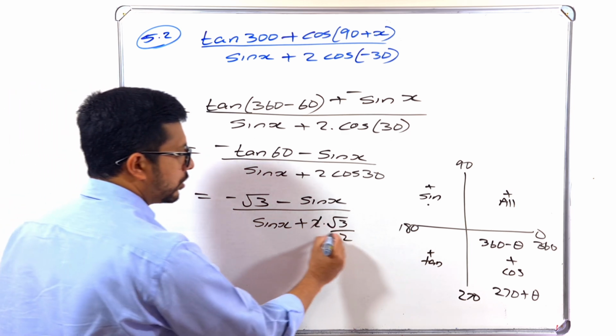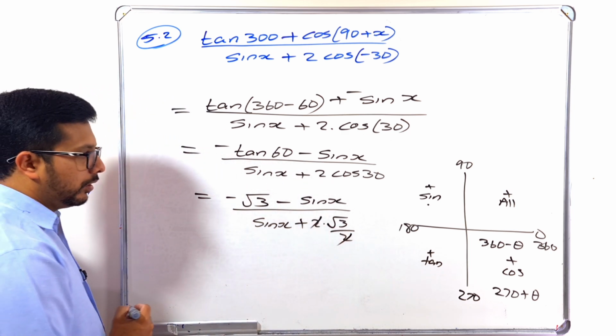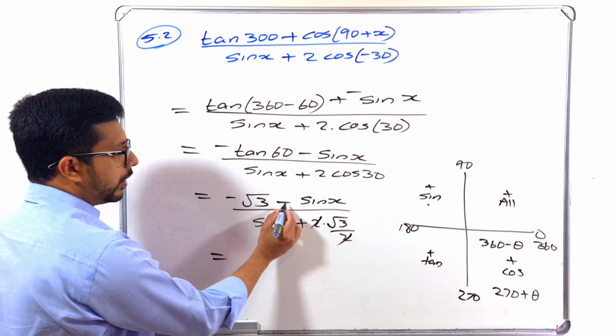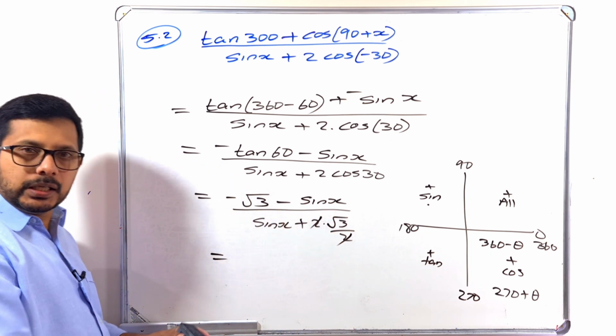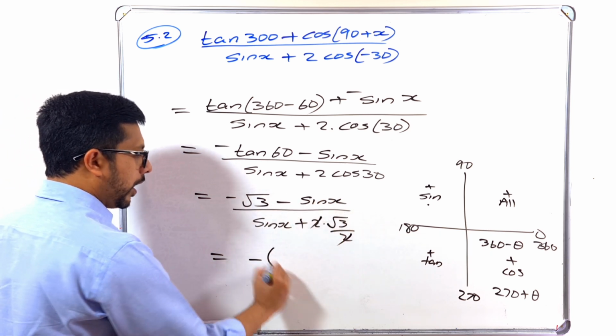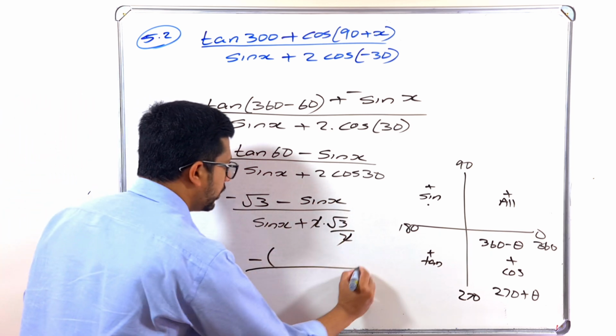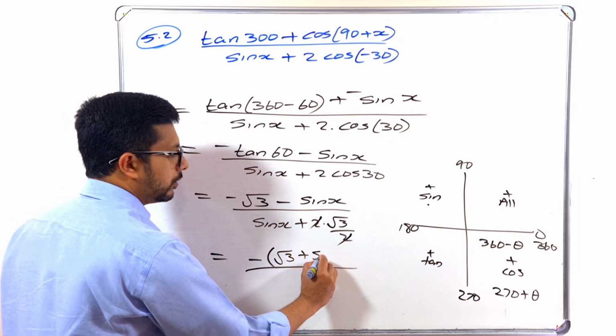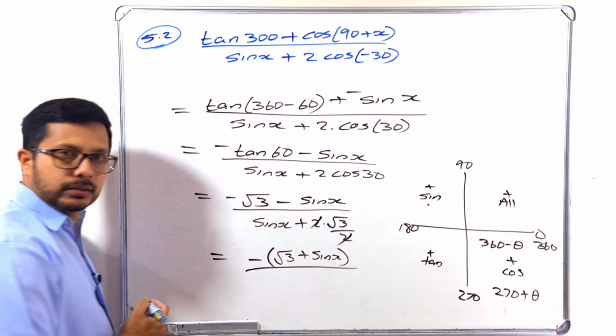So here these 2 and 2 cancel. So now look at this one, minus root 3 minus sin x. I can take a minus as common factor. So in the numerator, I'm going to take minus as common factor. So what is here? Root 3 plus sin x.